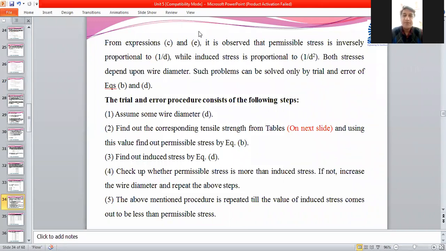Let me know. Have you used this type of method? Yes, please answer me in the chat box.